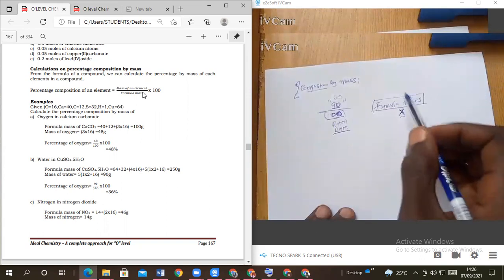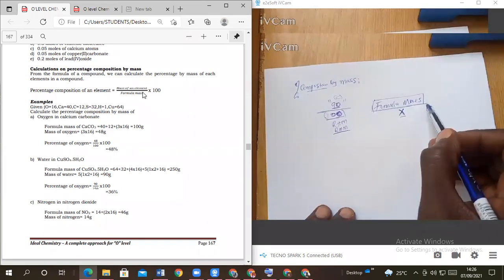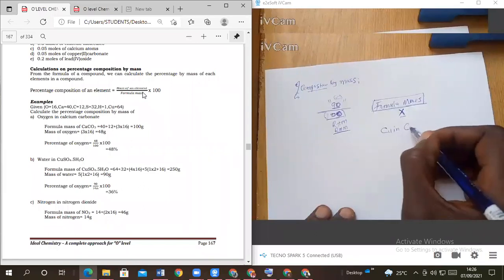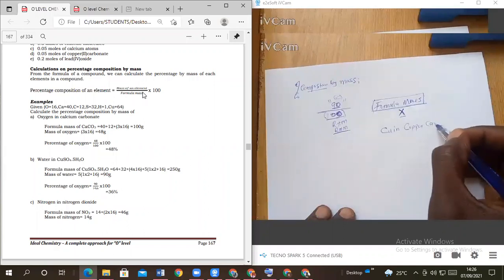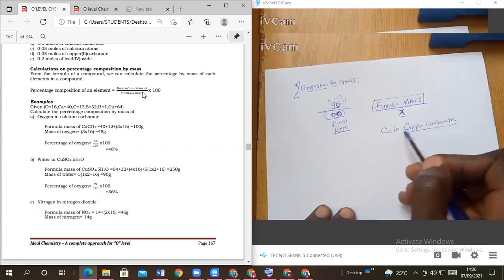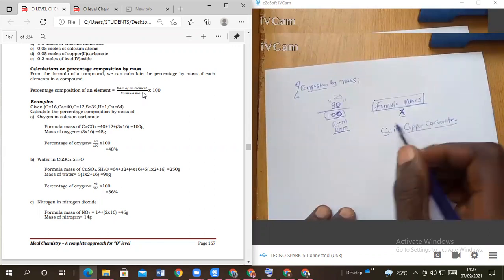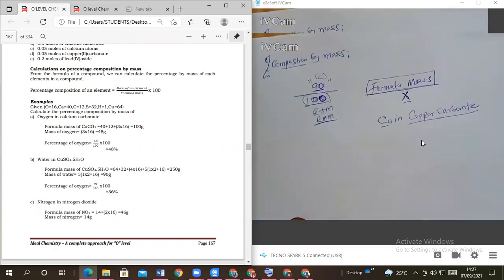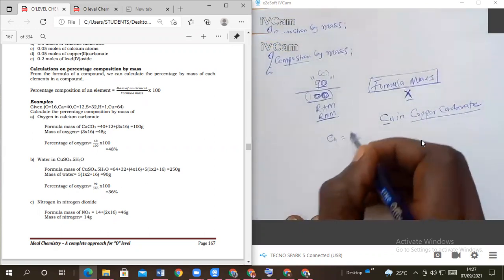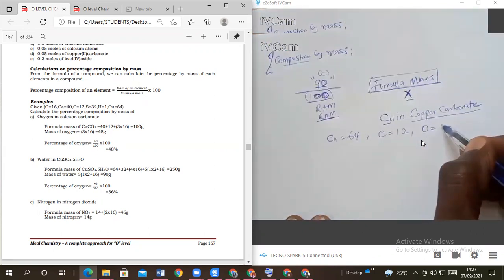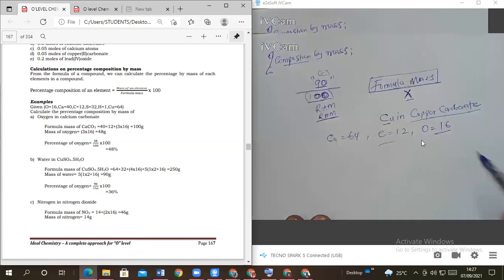Make sure you know how to form compounds first before you come to this. They might say they want the percentage of copper in copper carbonate. You must be positioned to write the formula of copper carbonate before you go to this one. They will tell you that copper is 64, carbon is 12, oxygen is 16. Now it is upon you to know whether copper carbonate has all these values or not.